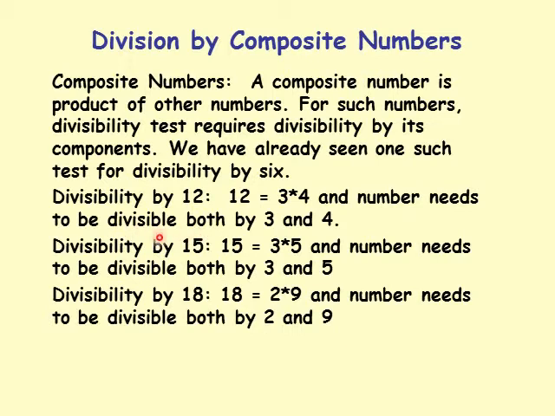For a number to be divisible by 15, it has to be divisible both by 3 and 5. Divisibility by 18. Note that 18 is equal to 2 times 9. For a number to be divisible by 18, it needs to be divisible both by 2 and 9.